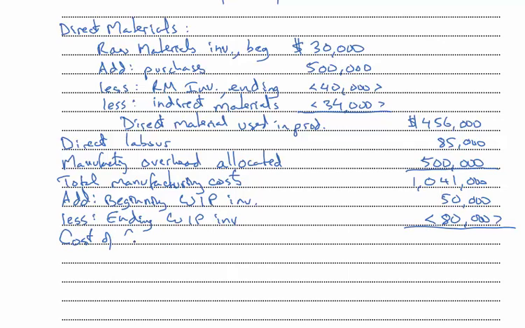Cost of goods manufactured, $1,011,000. And that concludes the exercise.